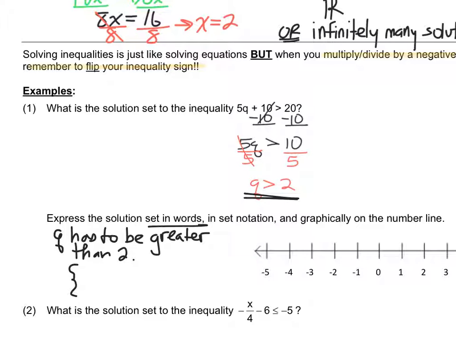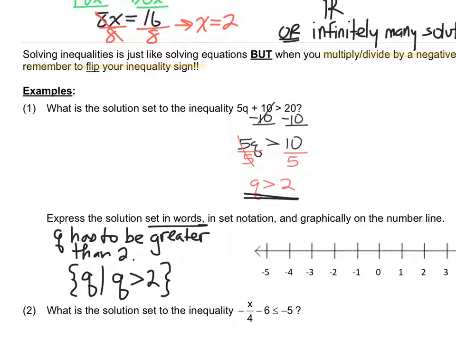So squiggly bracket, q. We identify the variable. We put a vertical line, which means "such that." Q is greater than 2.